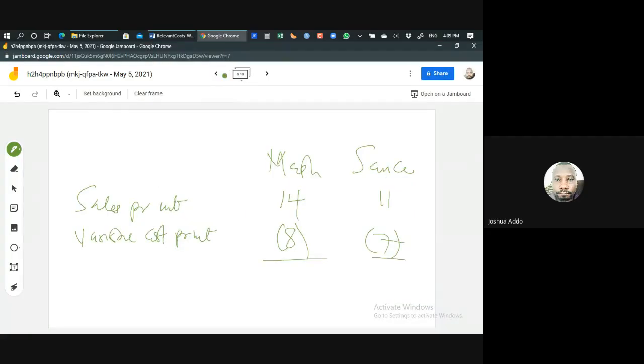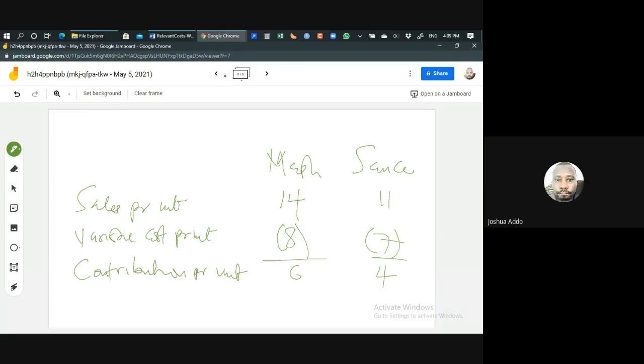When we subtract this, this gives us 6 as the contribution per unit for mash, and 4 for sauce. So this is the contribution per unit.